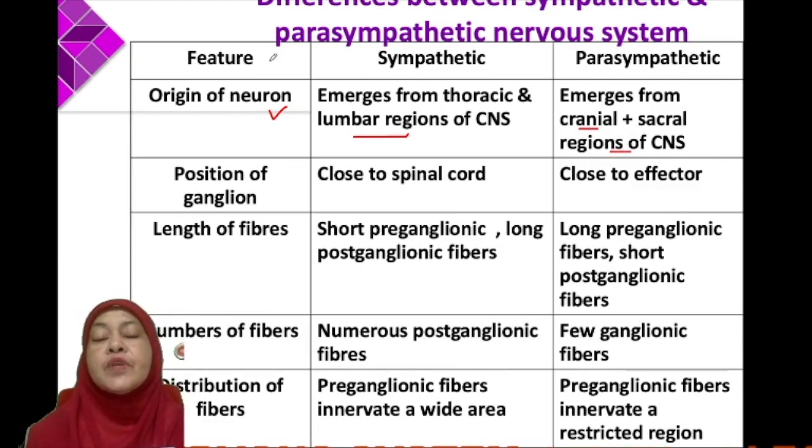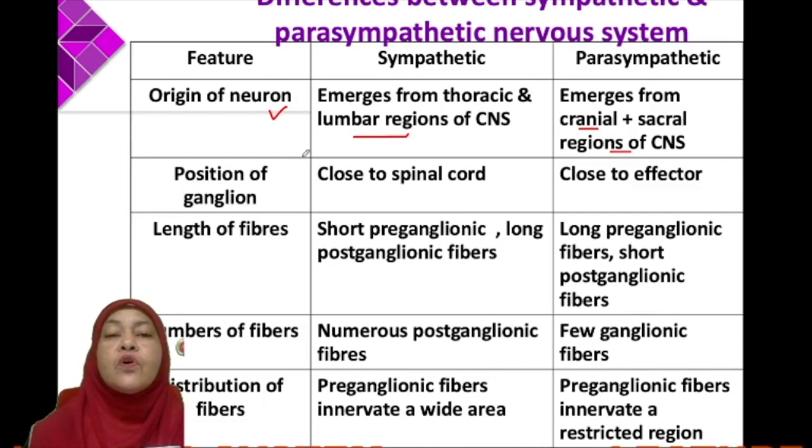So this is the first difference, where the nerve cells emerge, the origin. Then talking about the ganglion. For the sympathetic, the ganglion is really close to the spinal cord, whereas for the parasympathetic, the ganglion is closer to the effector. Which one is longer, in terms of length?